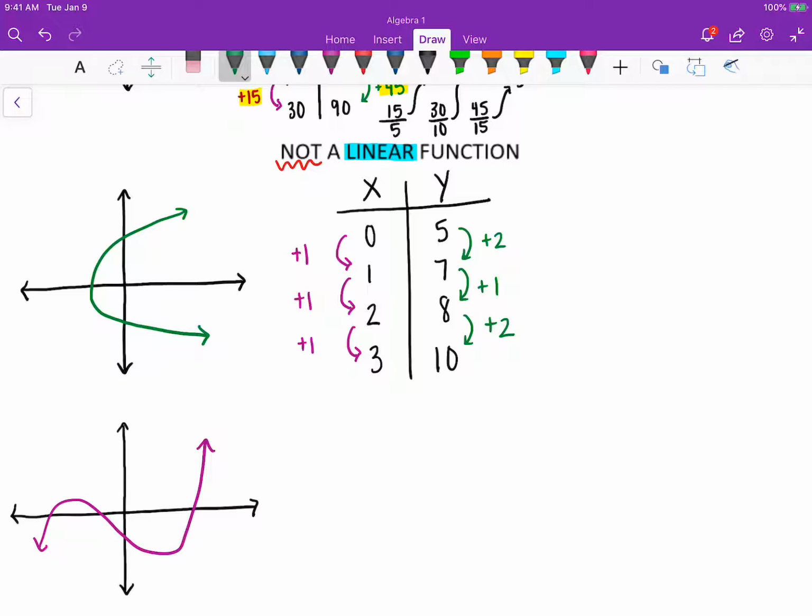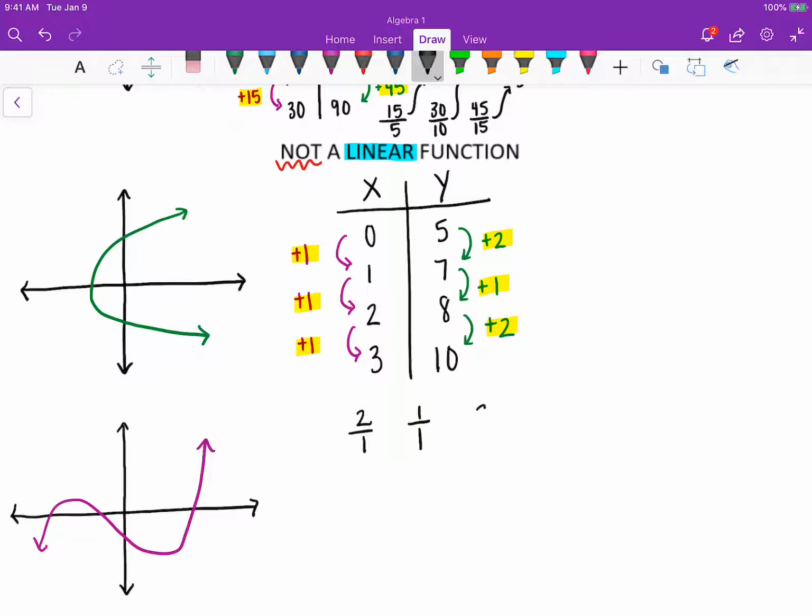Some of you will be able to look right at that and be like, oh, yep, that doesn't work because they're not constant. But when I actually make my fraction here, my first fraction would be the change in 2 over 1. My next one is going up 1 and over 1. So let's see, we would write 1 over 1. And then the last one, I was going up 2 and over 1.